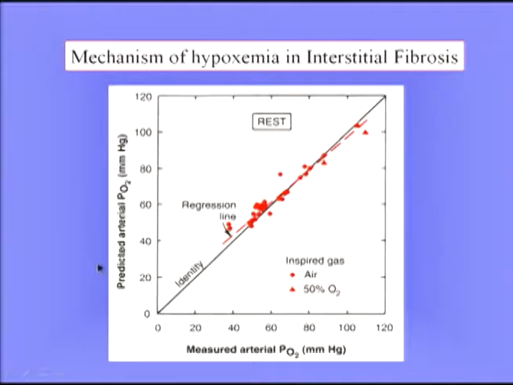With that particular technique, you can predict the arterial PO2 based on the amount of ventilation perfusion inequality. And we found that at rest, there was a good agreement between the predicted value based on VA/Q inequality and the measured value.